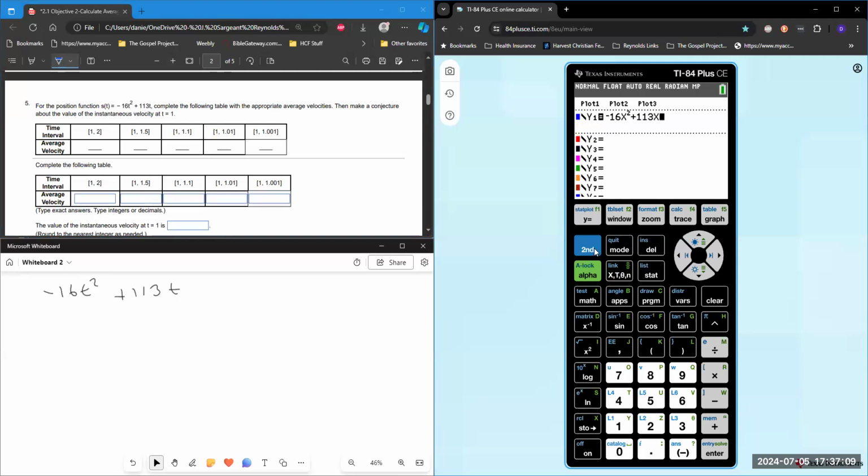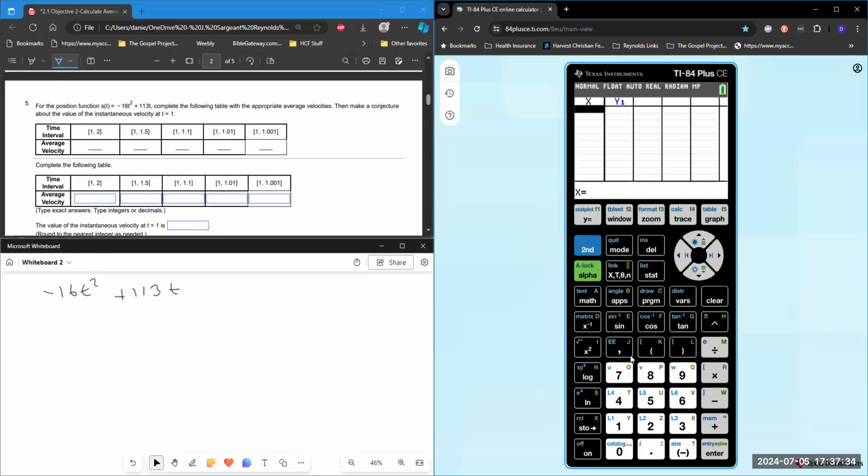And I'm going to change my table setting. So my x value is ask. Actually, let's go ahead and use our table. Yeah, let's do this. Let's do the table.